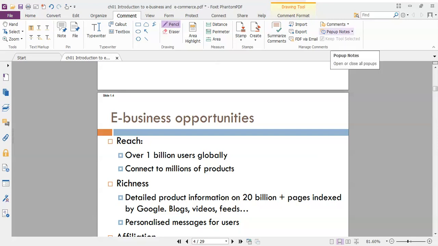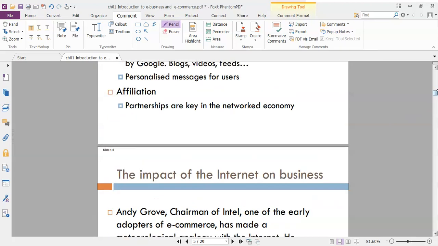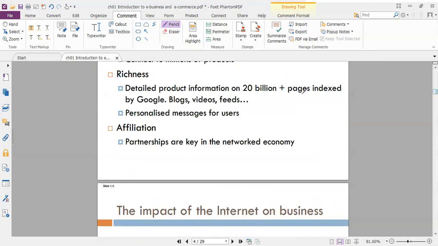What else? Richness. Detailed product information, with 20 billion plus pages indexed by Google, blogs, video, feeds. As I said earlier, if you take your business online, you have your own website. If you Google to search for products that you need to buy, or you search in the Shopee or Lazada applications, it will come up.